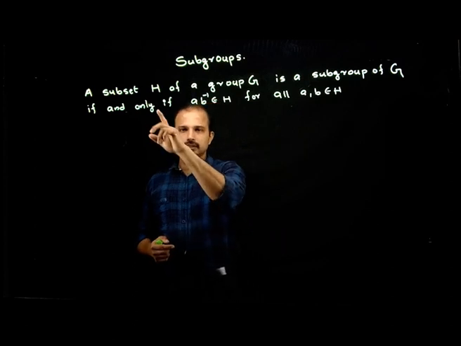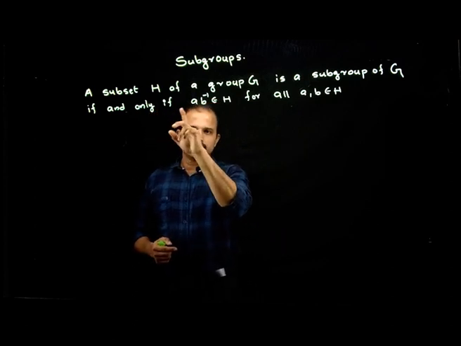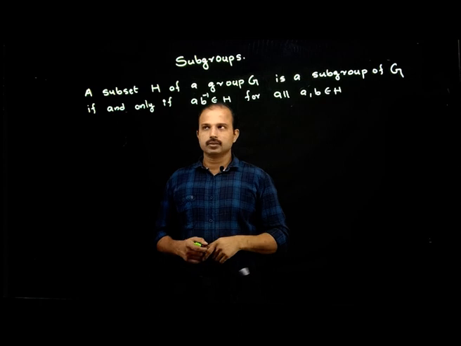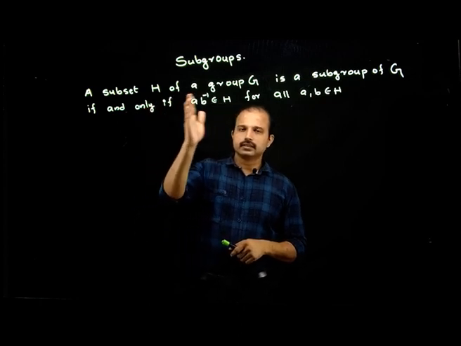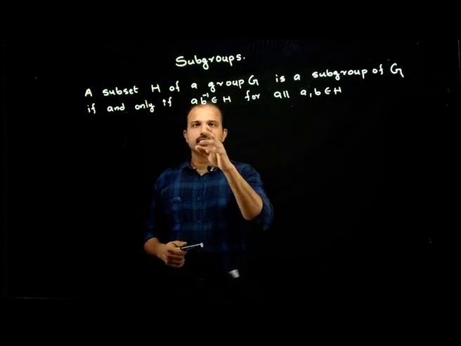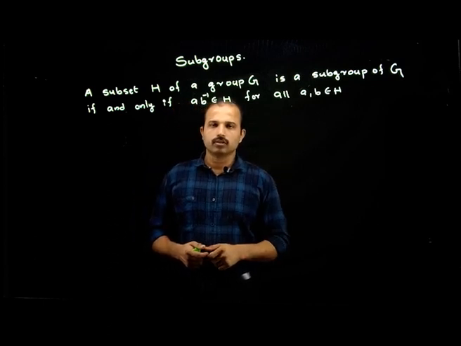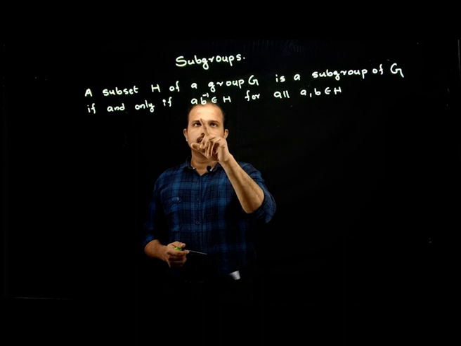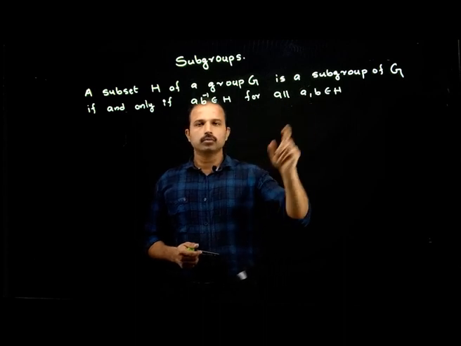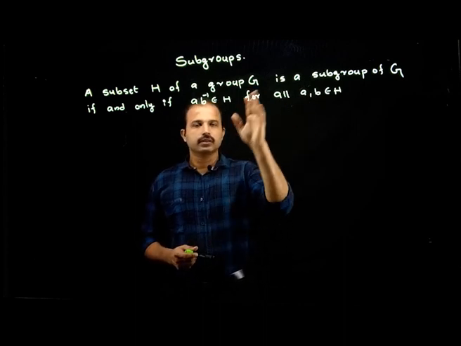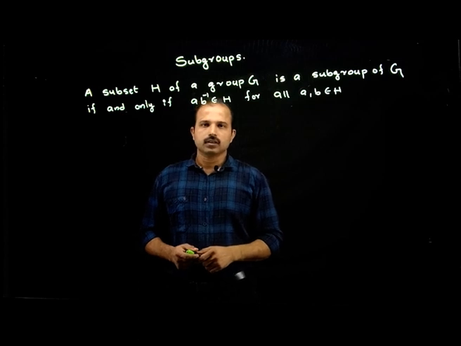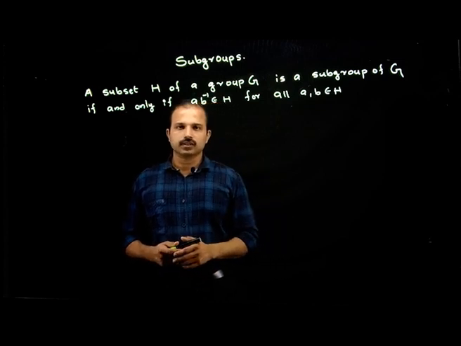The first part says that if H is a subgroup, then ab inverse belongs to H for all a, b belongs to H. Conversely, if ab inverse belongs to H for all a, b belongs to H, then H will be a subgroup of G. We may try to prove this result.